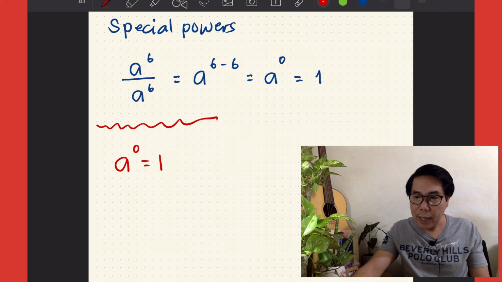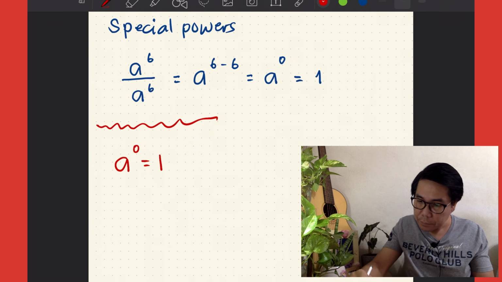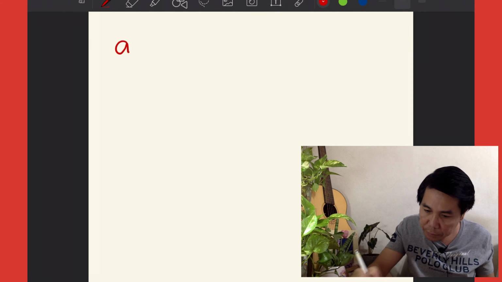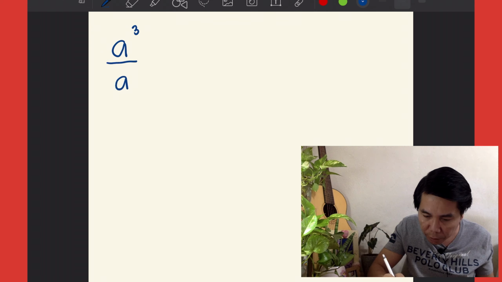Okay, then the other one. The second special power is, let's say for instance, we have a to the power of 3 over a to the power of 2.